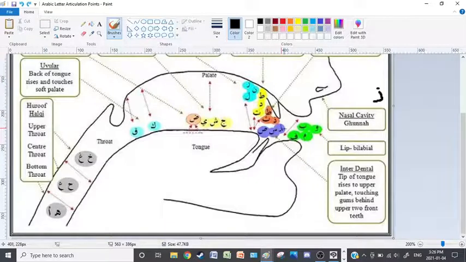And these letters are grouped by location. So all of these letters have similar articulation points. These three letters have the same or similar articulation points, and so on and so forth. For Tha, the pan with the three letters, it is the sound from the word thought. That is the sound of Tha.